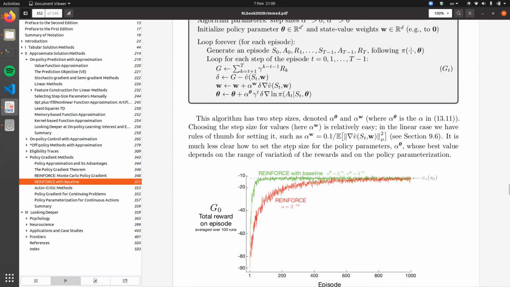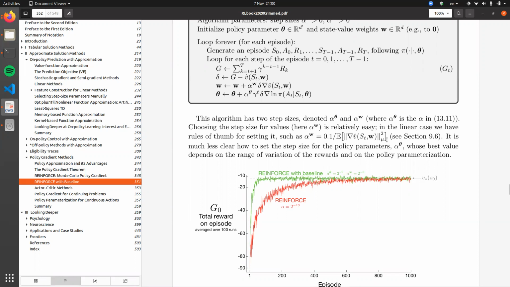It is mentioned that now we have to select two hyperparameters, but essentially the choice of hyperparameter for alpha W is relatively easy.